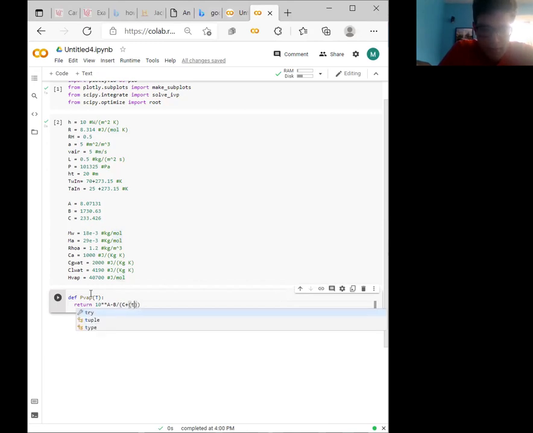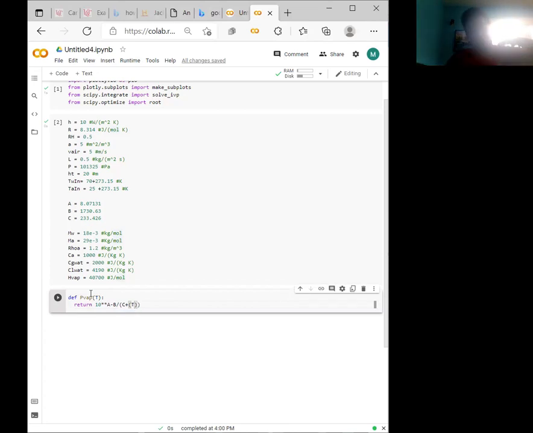But it's in Kelvin right now, and we need it to be in Celsius for Antoine's equation. So minus 273.15. I did not do a subtraction sign, did I?